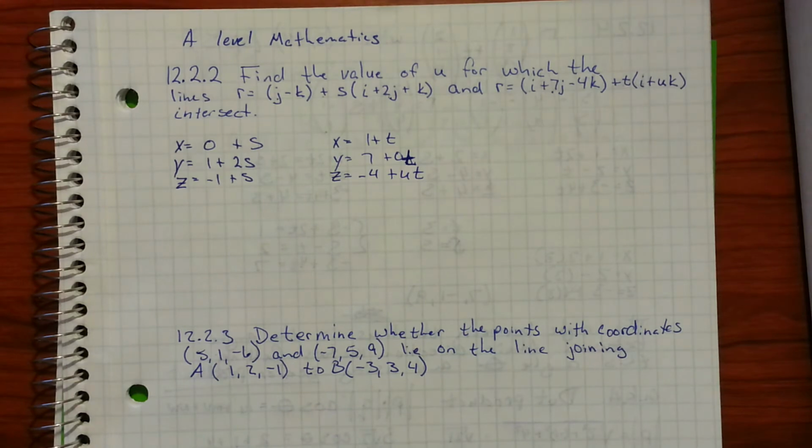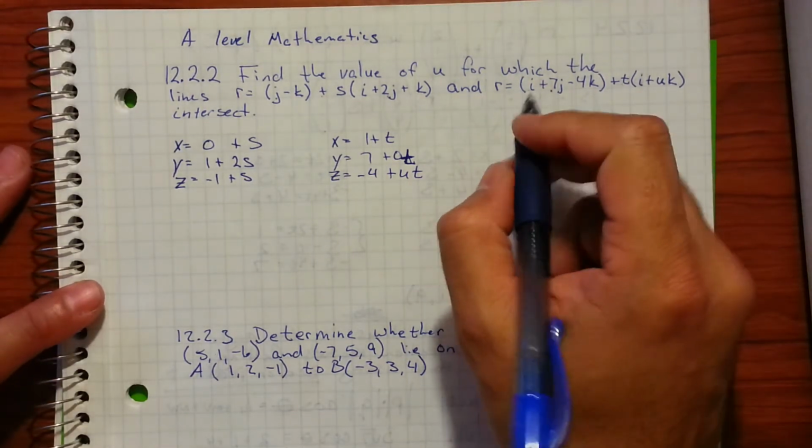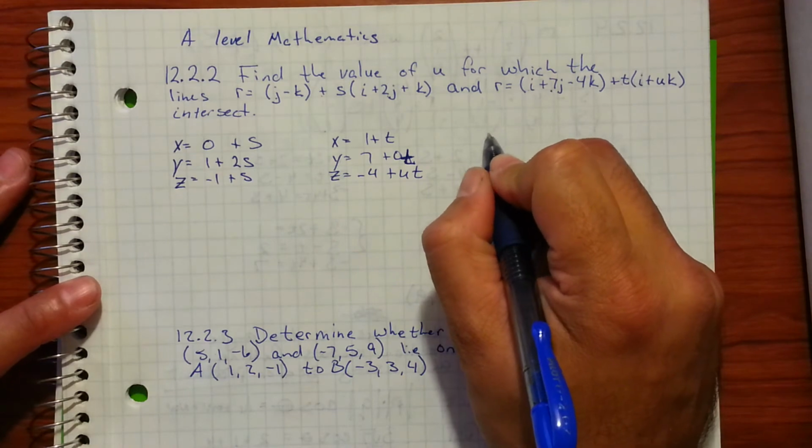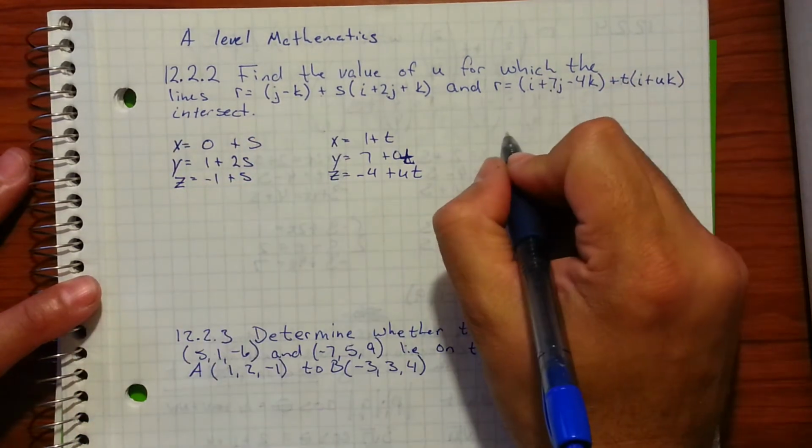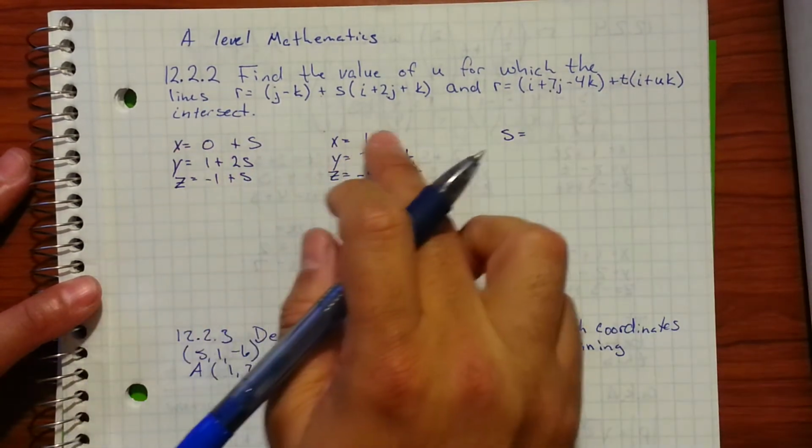So I'm going to try and solve for this. I'm going to set these together. So let's rewrite it. Over here I'm going to have s equal to 1 plus t.